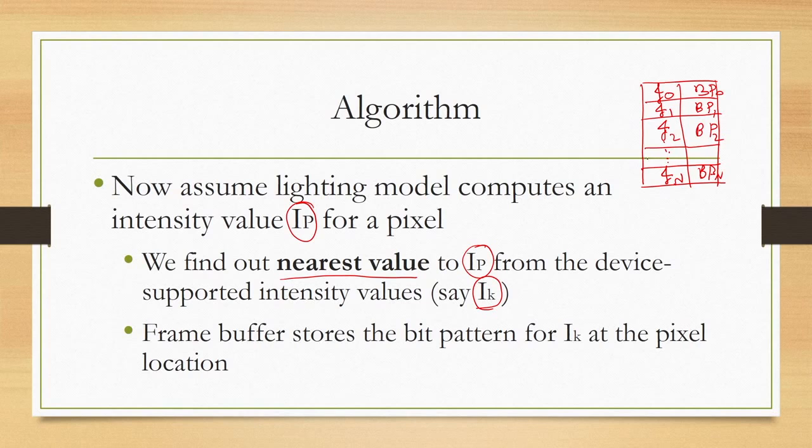So, for the kth intensity value in the table I k, we know the corresponding bit pattern. So, then we take that bit pattern and store it in the frame buffer. So, that is how we map value computed using a lighting model to a bit pattern that represents a value supported by the device.